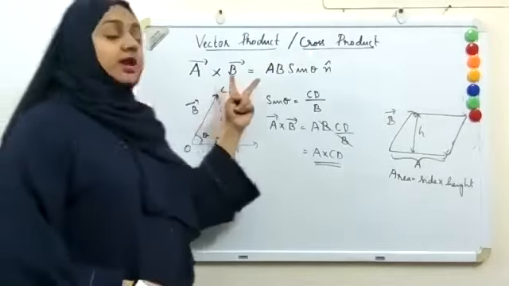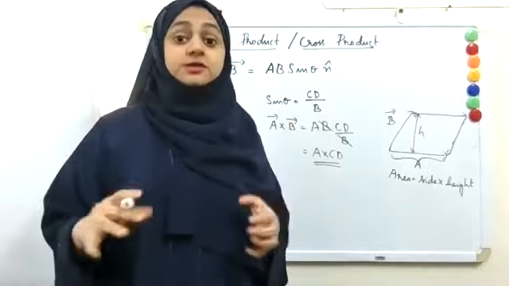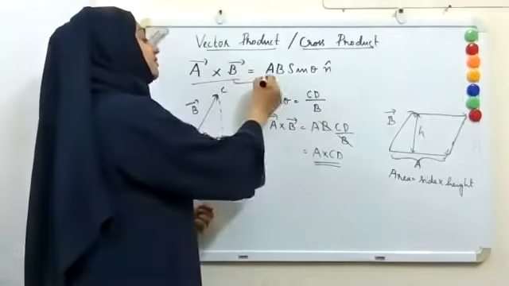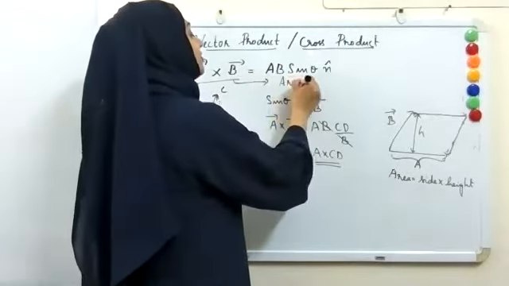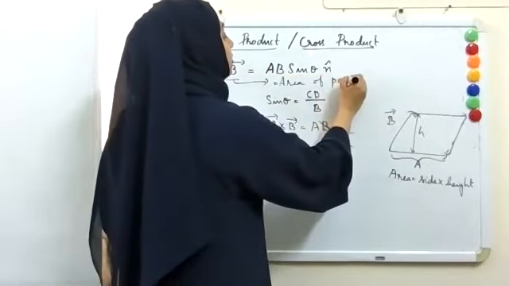Side times height is the area. So if A and B, two vectors, form the two adjacent sides of a parallelogram, if you find the cross product, you will find the area of the parallelogram.